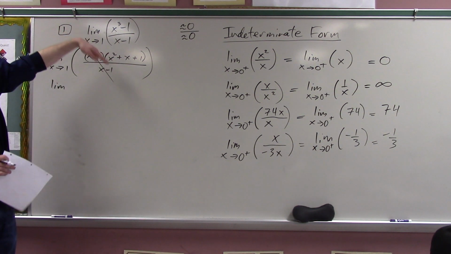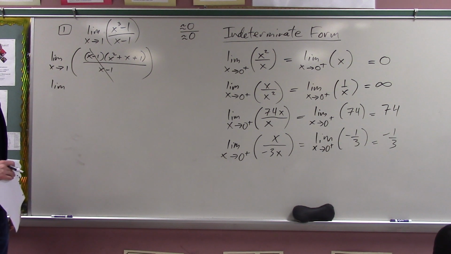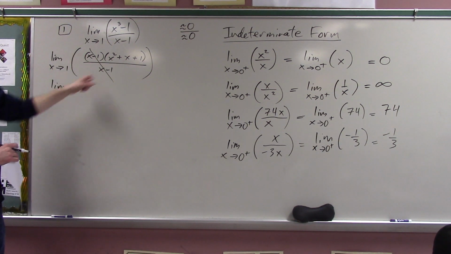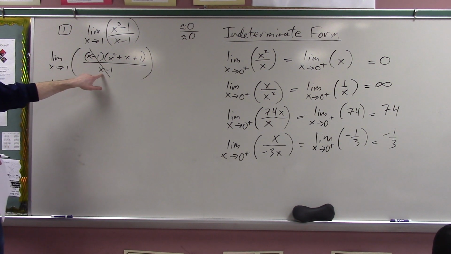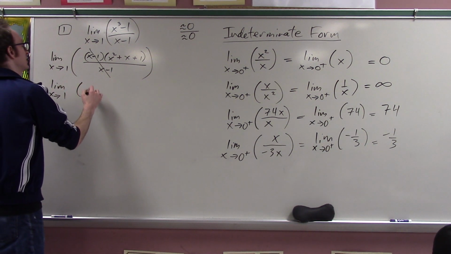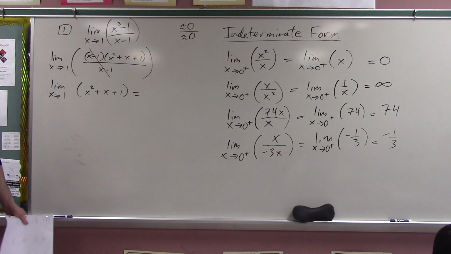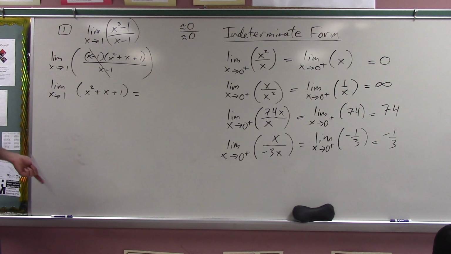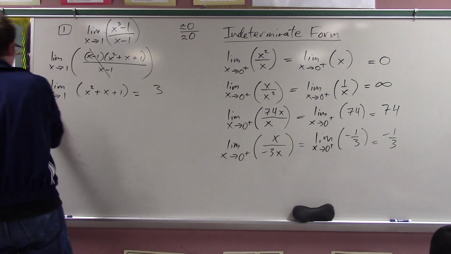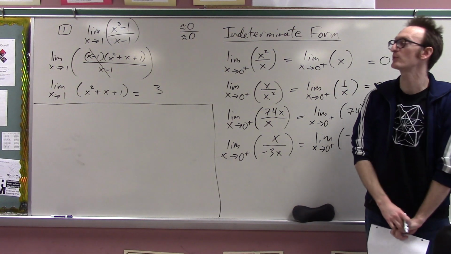If there was a factor in the numerator and denominator, we canceled it because it doesn't change the overall function except for the fact that x can't be 1. So this whole thing just turns into x squared plus x plus 1, and therefore the answer is 3. Okay, so in this case, the answer turned out to be 3.